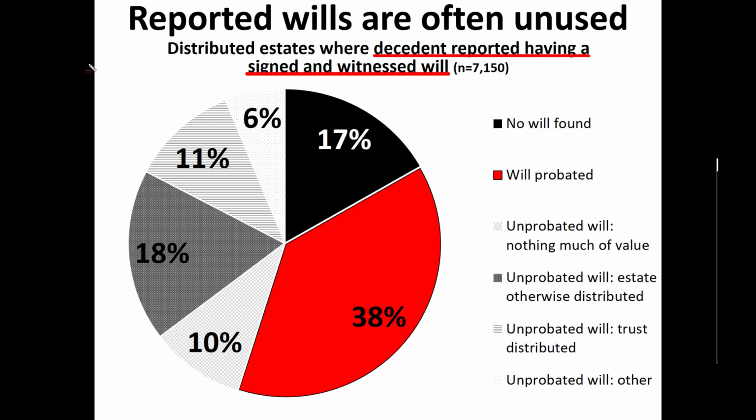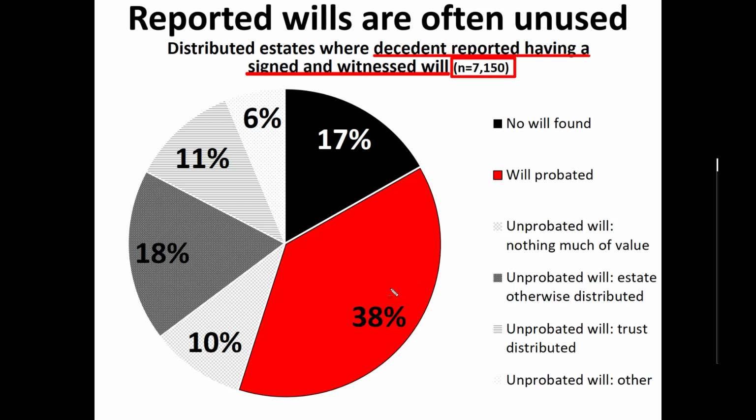This is a lifetime survey called the Health and Retirement Study. We had about 12,000, a little over 12,000 decedents who had been in that lifetime study. A little over 7,000 of them had reported in their last survey prior to death that they had a signed and witnessed will. Now, this study tracks where the assets actually went.